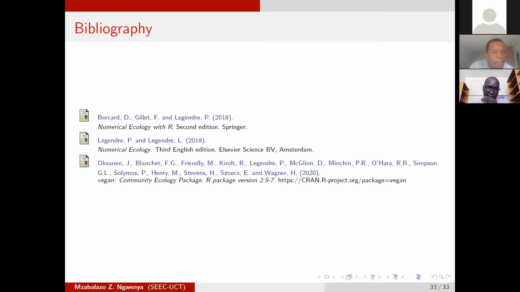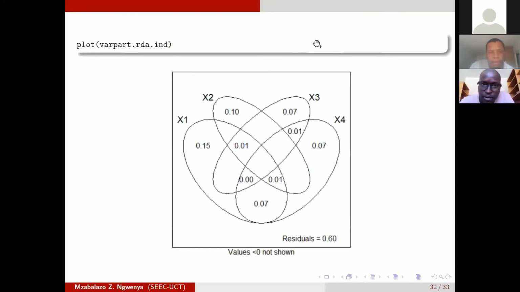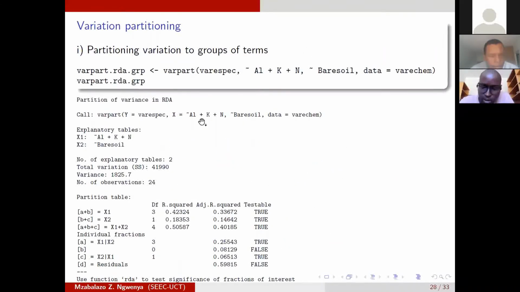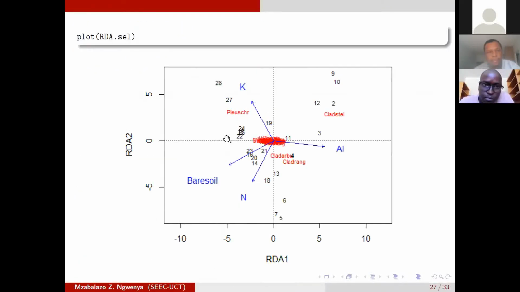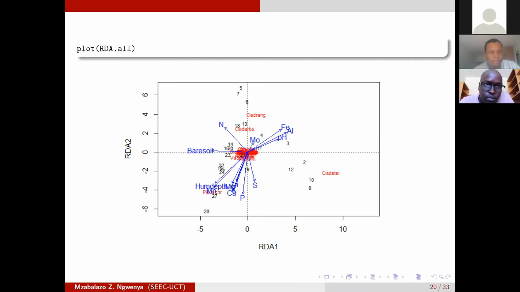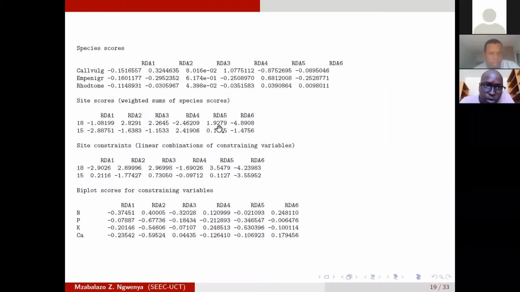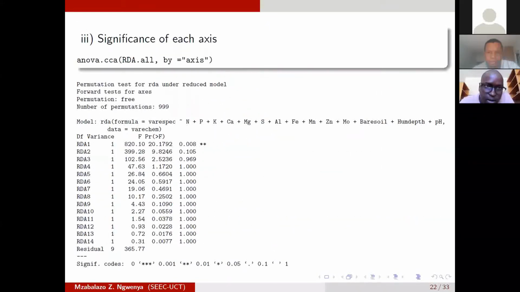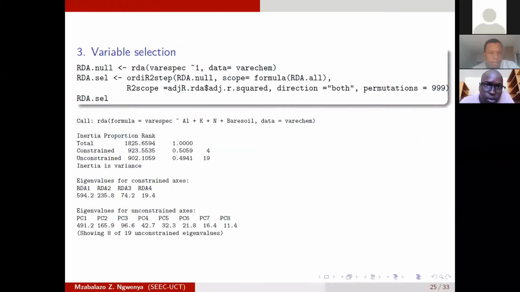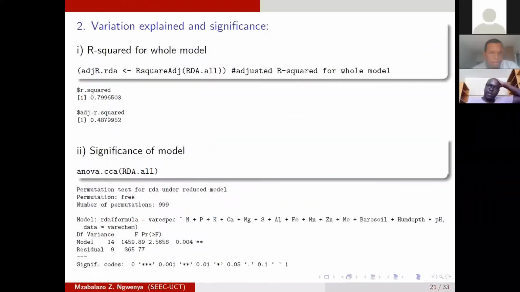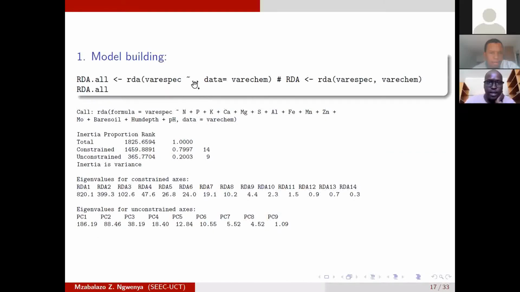She says, how would the ordination work when you have categorical environmental variables, e.g. substrate type? Would the impact be the same? Yes, it would be the same. So what would happen? Let's look at where we're putting them in. Basically you would put them in here.